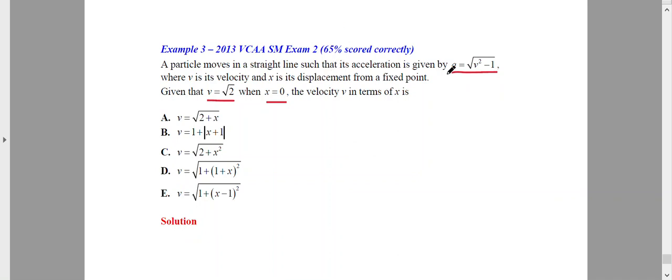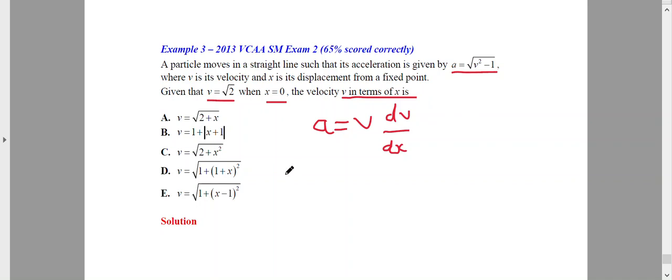So the summary says if a is a function of v and the initial conditions are v and x, we should be using acceleration equals v dv dx. Okay, that's what the summary tells us, so let's go with that. Not forgetting that we need to find v in terms of x.